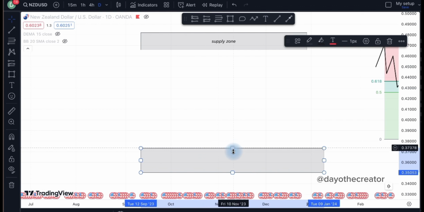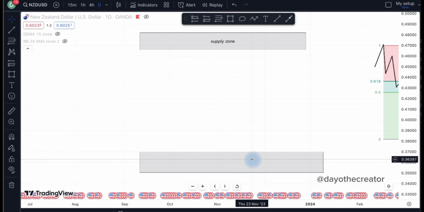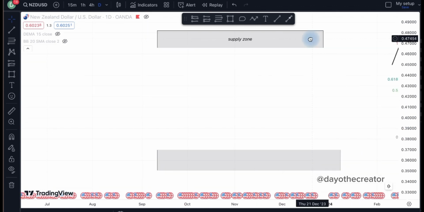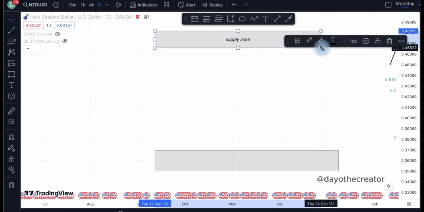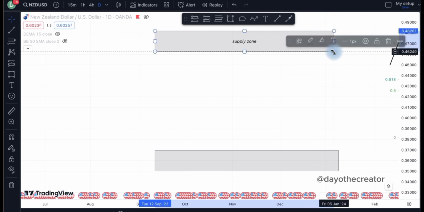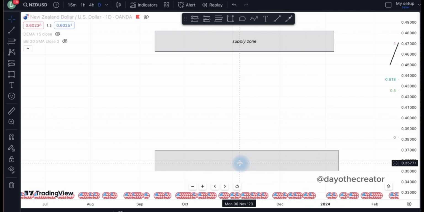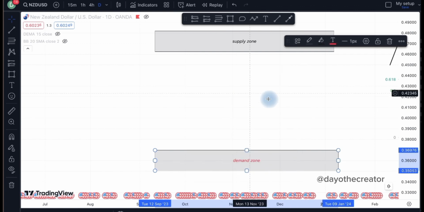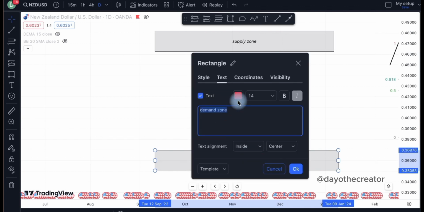I'm going to teach you how to trade without the candlestick color, because a lot of people are very obsessed with trading with the candlestick color instead of actually seeing what the price is doing. So let's label this as demand zone. So this is our demand zone.